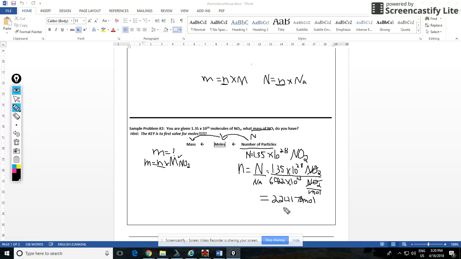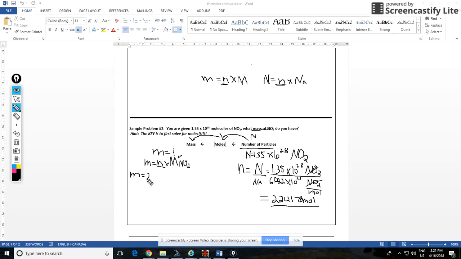So now we have to convert this mole value into mass. So our mass is going to be equal to our number of moles times our molar mass. Let me just double check our number of moles here. 1.35 times 10 to the power of 28 divided by 6.022 times 10 to the power of 23. That's right, 22,417.8.